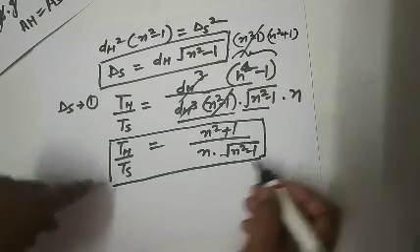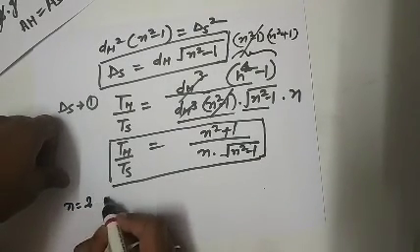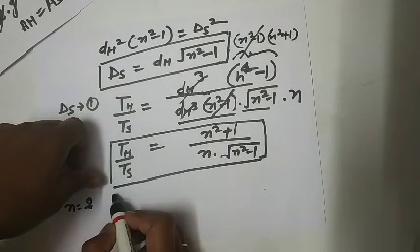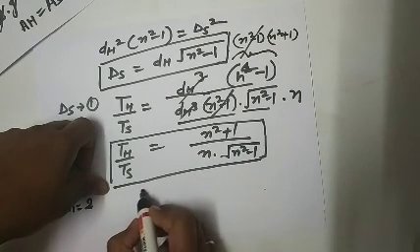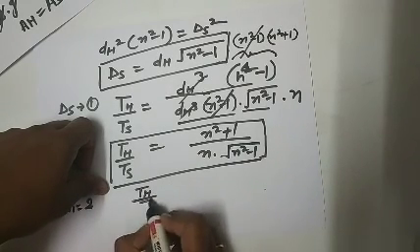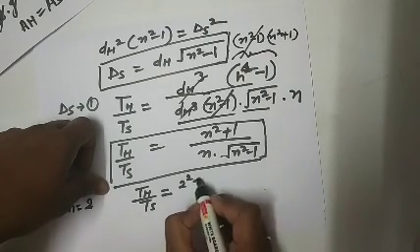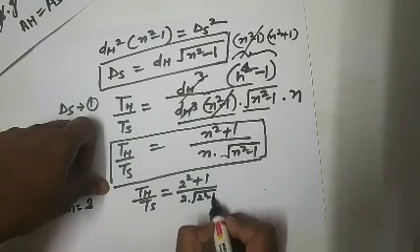Now consider this value for n equal to 2, that means the outer diameter is twice the inner diameter of the hollow portion. Then Th upon Ts equals (2 square plus 1) upon 2 into under root 2 square minus 1.